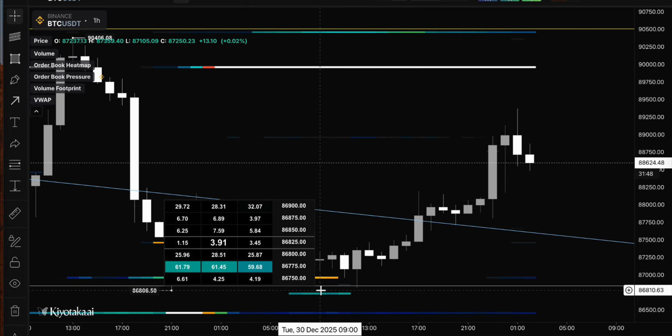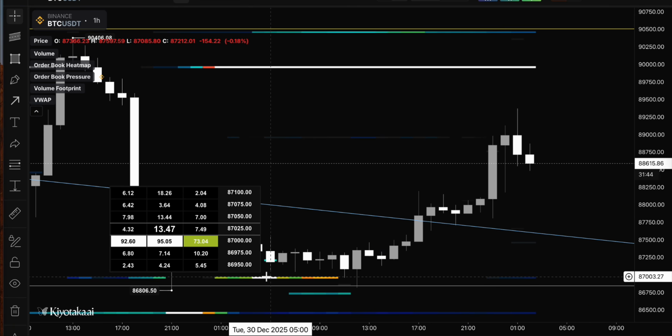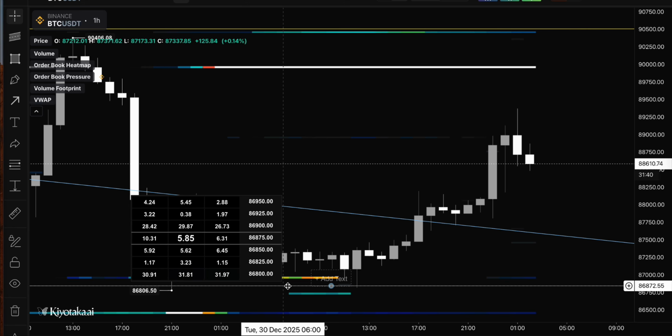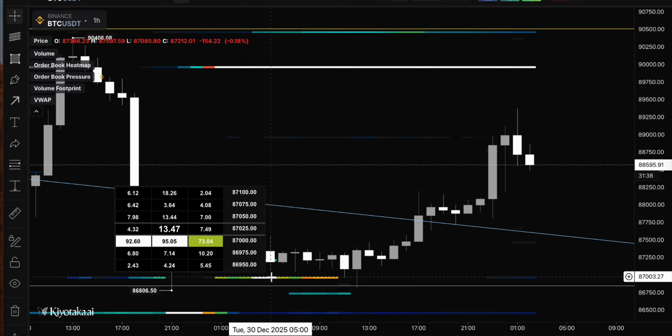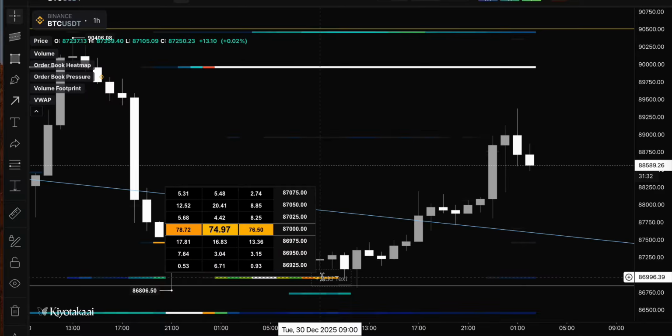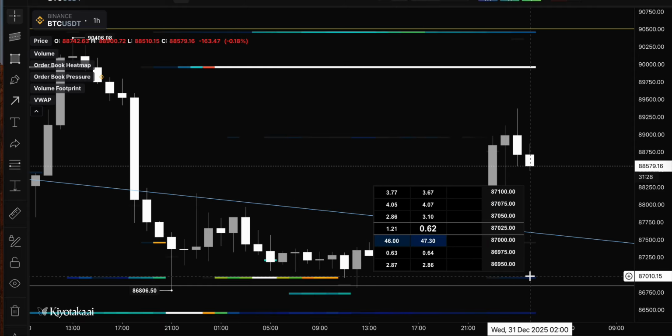Of course, the lower you go, the smaller the orders, because they will be clustered. So this very important level, which matches pretty much my support. Here you zoom in and you're going to have 95 and 73. Of course, this is the past for that candle. Now they're not here anymore.